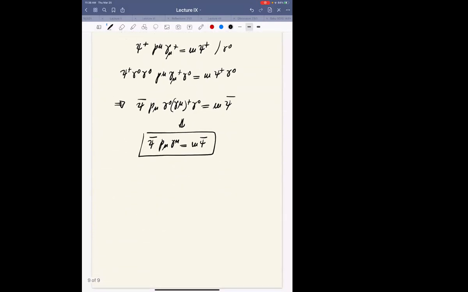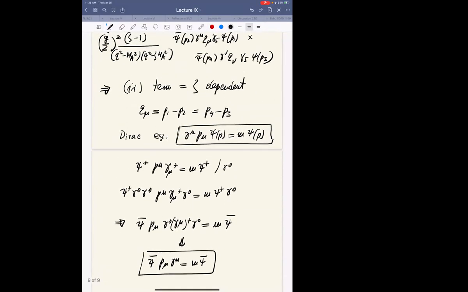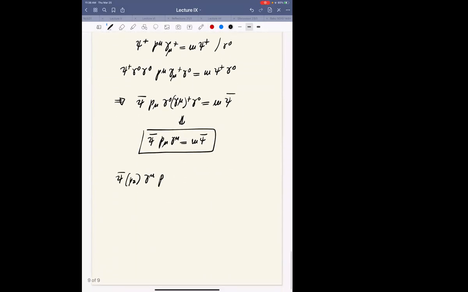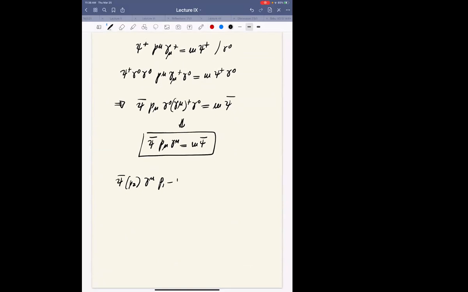So for example, if I have psi bar of P2, gamma mu, Q mu is, what did I say? Why do I keep forgetting? It's P1 minus P2 mu, psi of P1. Now notice that the first piece acts on the, it's a Dirac equation, gives me psi bar.